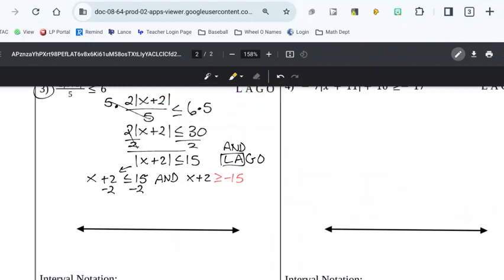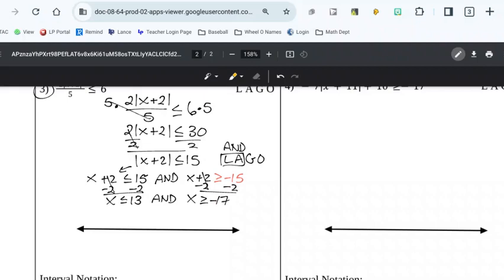We solve, we subtract 2 from both sides. We get x is less than or equal to 13. And we subtract 2, x is greater than or equal to negative 17. Negative 15 minus 2 is negative 17.